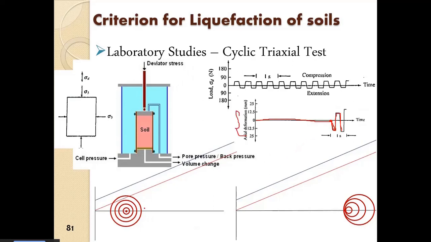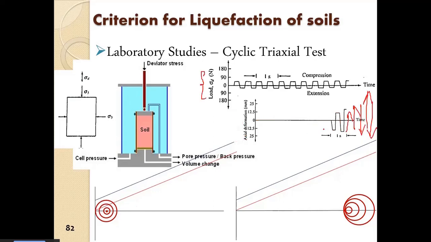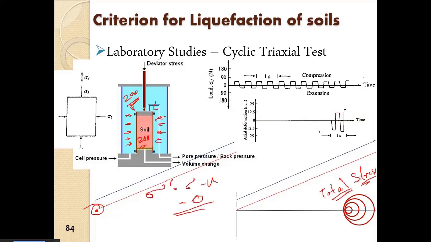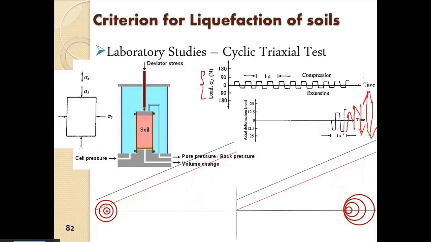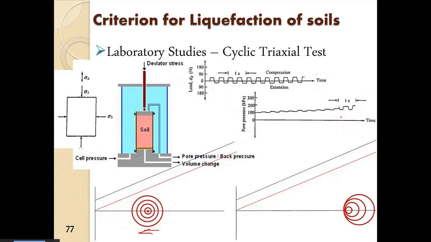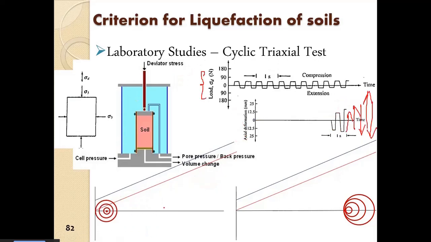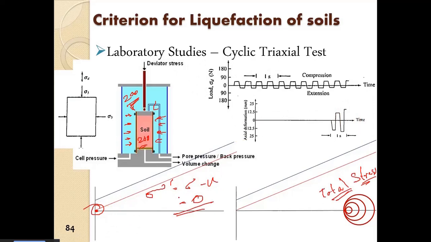As soon as it reached the failure condition, a significant amount of axial deformation was observed in the sample, and the sample can be said to have started to liquefy, with a quick increase in the pore pressure. From here there is a very sudden increase in pore pressure, and the effective confinement suddenly becomes almost negligible. That is how the soil liquefies.